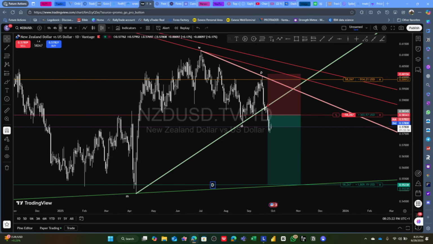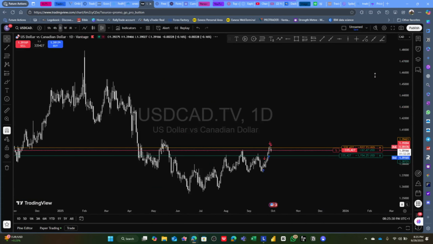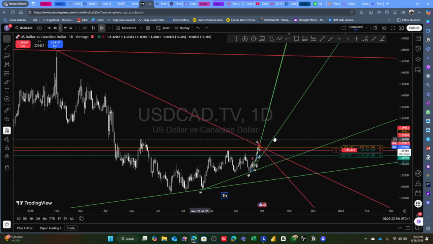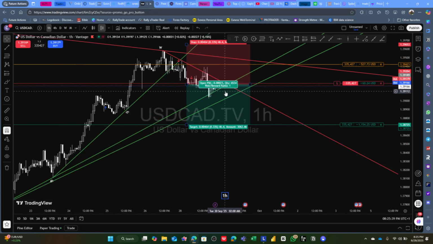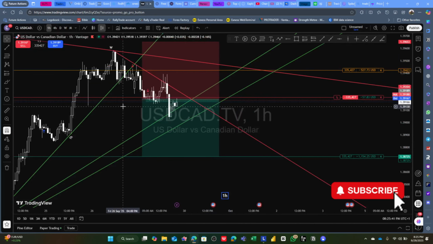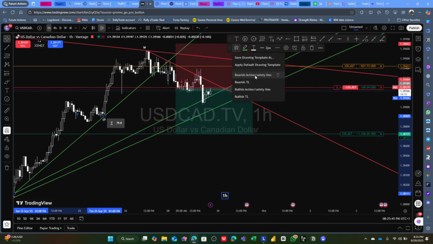Moving on, the first trade we walked into this morning was the US dollar against the Canadian dollar. Let's head for that. And as you can see, this trade is still running. Forget the light show you see here. It's supposed to be a 1 hour view. And on the 1 hour, this is what is happening. So we did enter because of this break on the higher time frame.